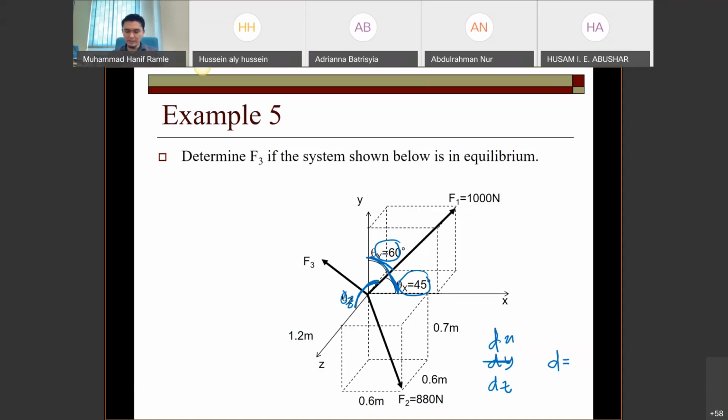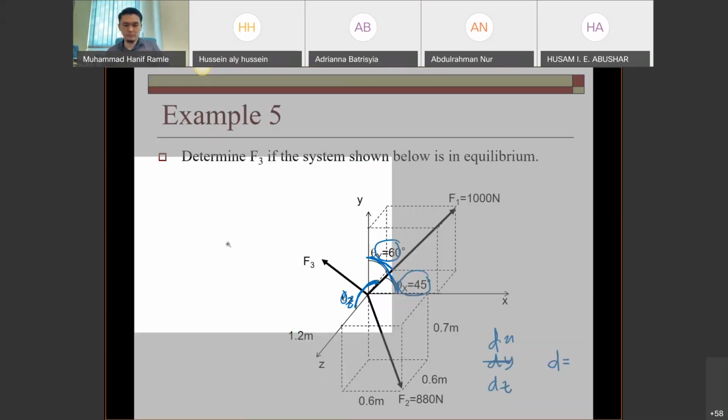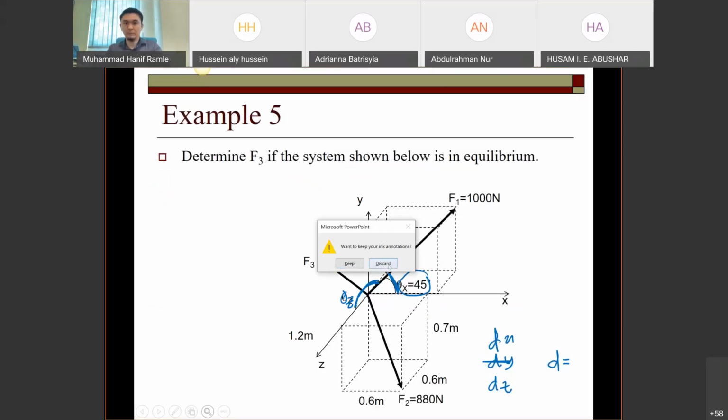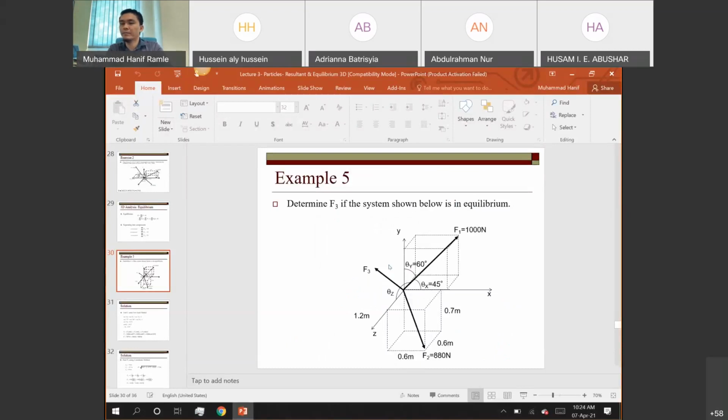What is the value for dx, dy, and dz? dx 0.6. dy negative 0.7.